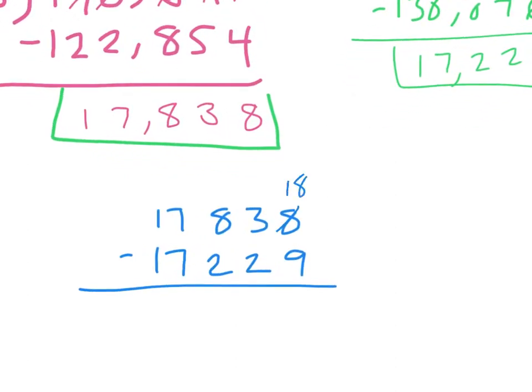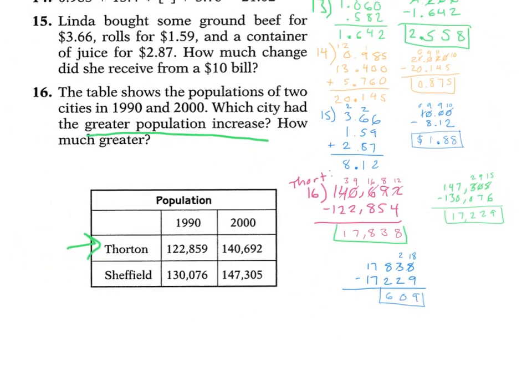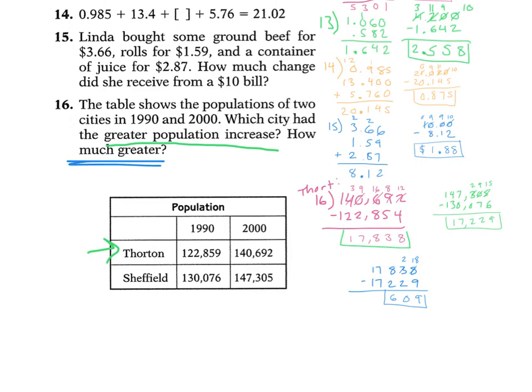Need to make this one an 18. This becomes 2. So 18 minus 9 is 9. 2 minus 2, 0. 8 minus 2, 6. 7 minus 7 is 0. And 1 minus 1 is 0. So the difference between the two population increases is 609.